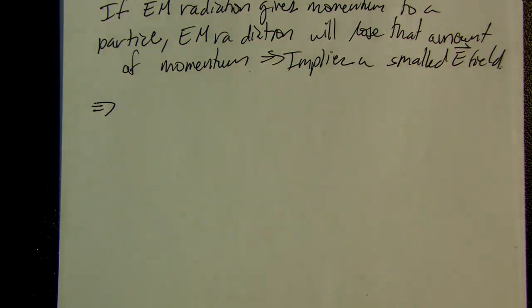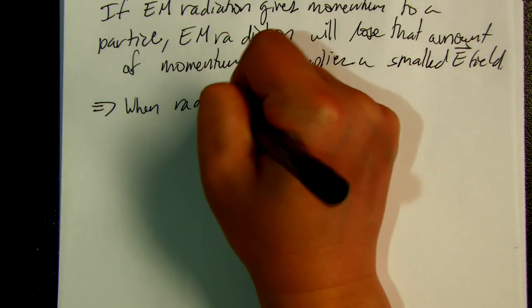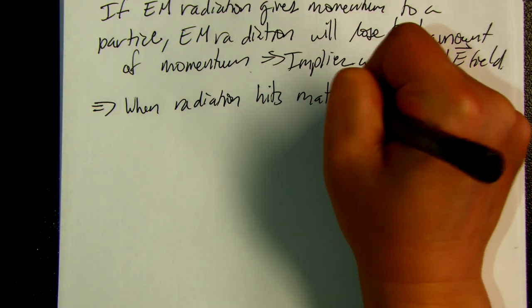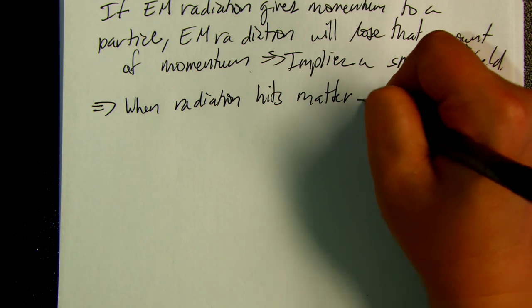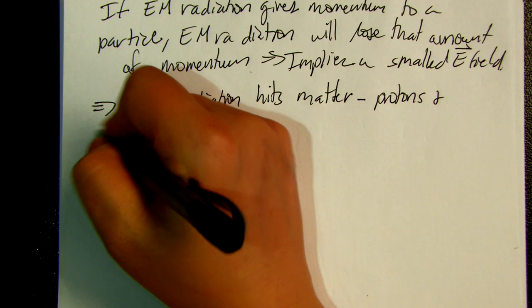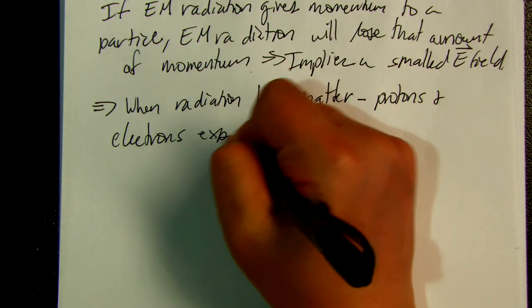And what we see from this is that when radiation hits matter, which happens all the time, protons and electrons experience radiation pressure.